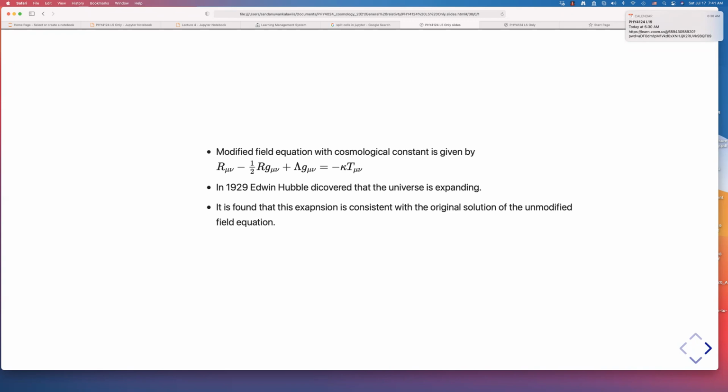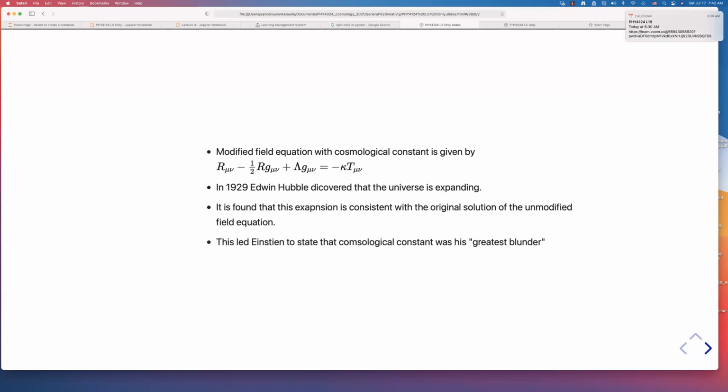Now, when he discovered this expansion of the universe, we can see that the original solution of the unmodified field equation is consistent with that, which means the modified equation does not agree with it.